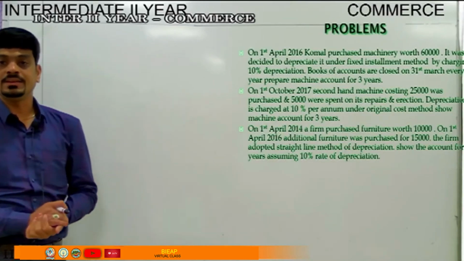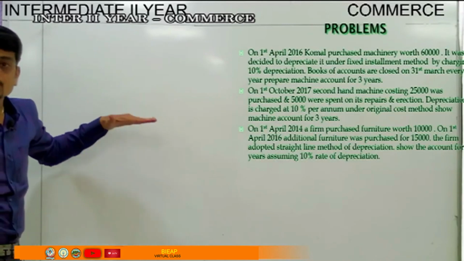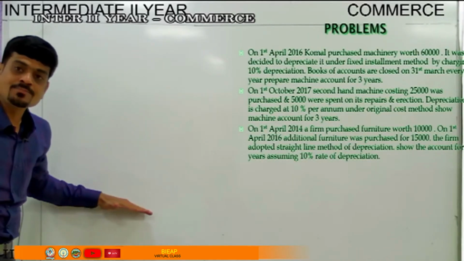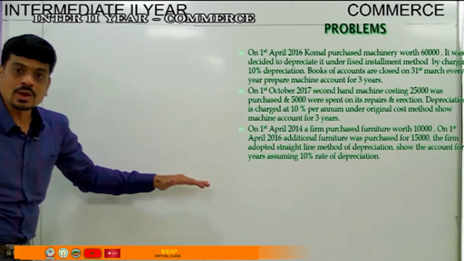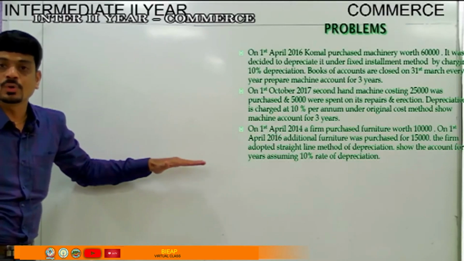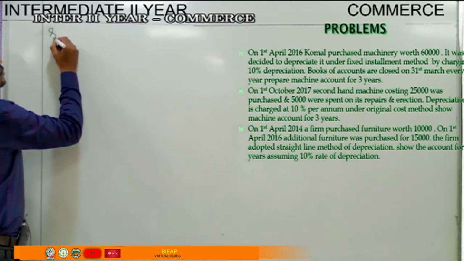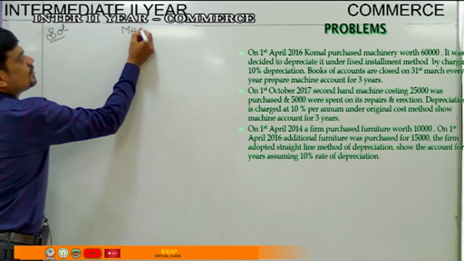Always keep in mind, whatever paper you have, you need half paper for your solution and the remaining half paper we'll use for working notes. So focus on how I am solving on the blackboard now. First write the heading.